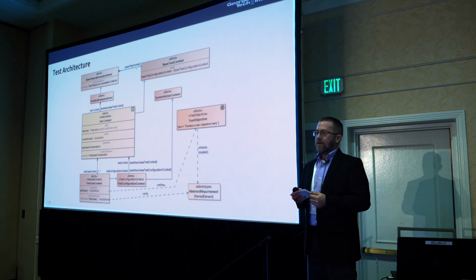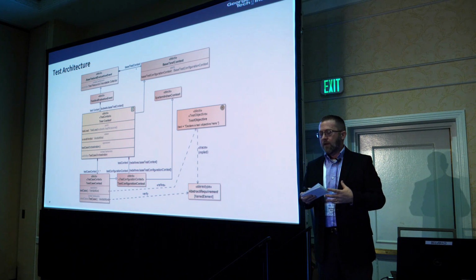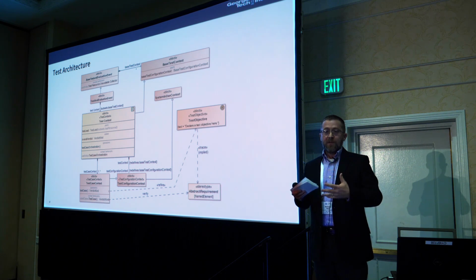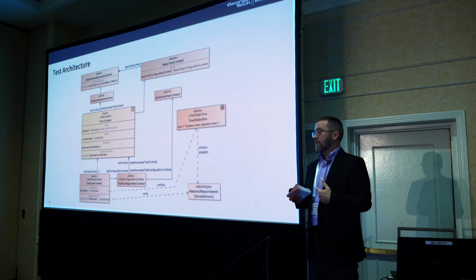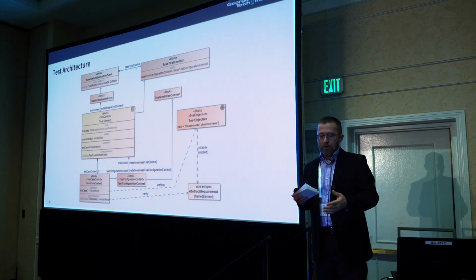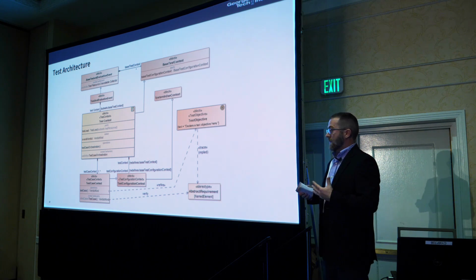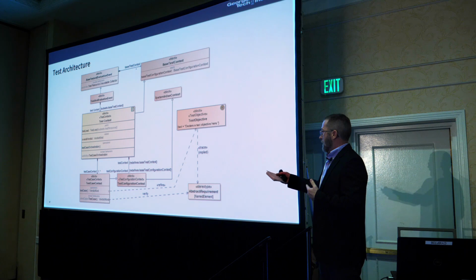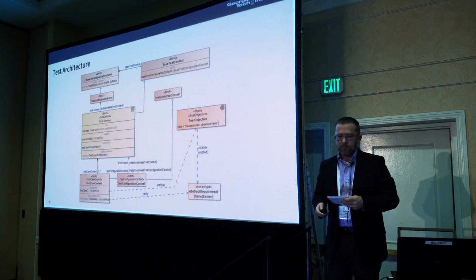And then the test case context is a contextual wrapper for a specific test case, with that, you're able to have a specific verdict for a test case, as well as capturing specific data that was used for a given test case. So as you can see there, a test case refines the test objective, which declares the intent of the test, and also verifies a requirement or a set of requirements.